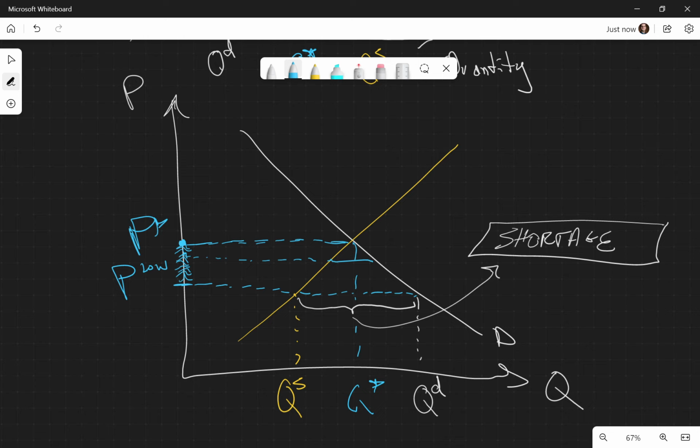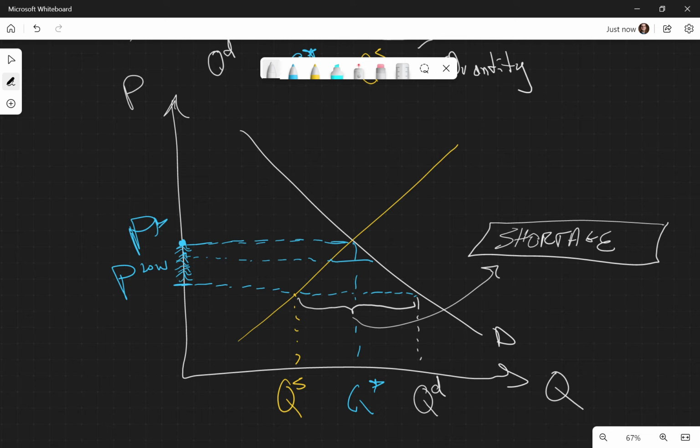Now, what about some times where there are shortages and surpluses that stick around? So your book talks about two examples, and they're talked about in every single economics book.